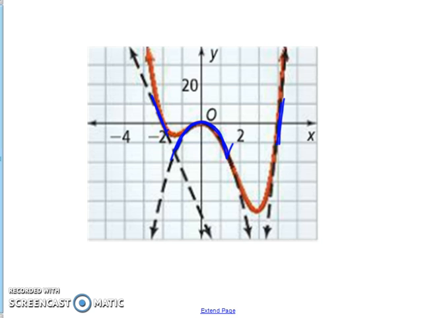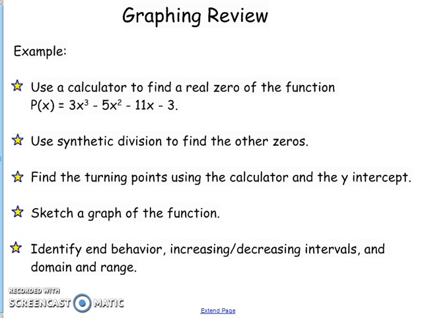Okay, so now we're going to put all this stuff together. We're going to use a calculator to find a zero. Then we're going to use synthetic division to find the other zeros. Then we'll use the calculator to find the turning points. And we will sketch the graph, identify all of our behaviors and intervals and domain and range.